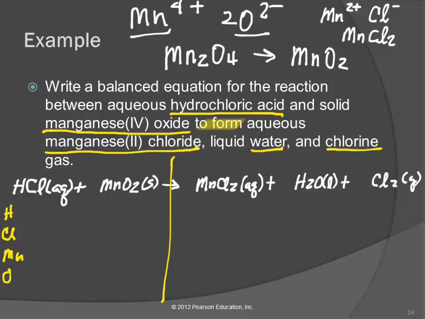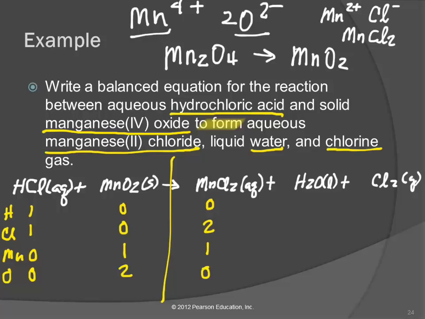In HCl, I have 1 hydrogen and 1 chlorine and 0 manganese and 0 oxygen. Over here in MnO2, I have 0 hydrogens, 0 chlorines, 1 manganese, 2 oxygens. MnCl2, 0 hydrogens, 2 chlorines, 1 manganese, and 0 oxygens.